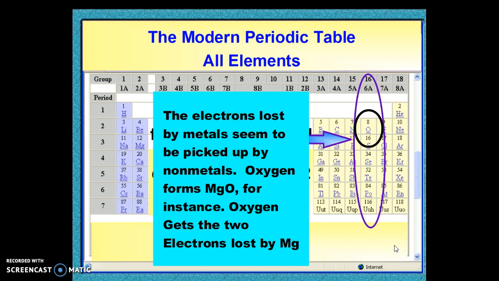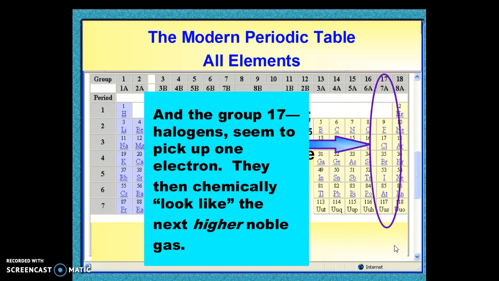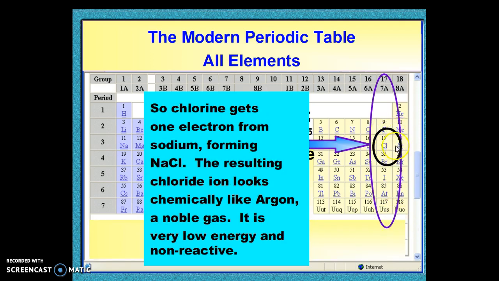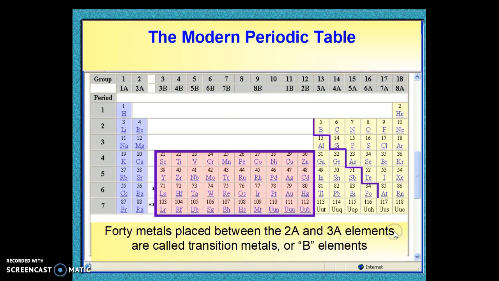Magnesium loses 2, oxygen picks it up to form an oxide ion. And the group 17 elements seem to pick up only 1 electron, then they chemically look like the next higher noble gas. Fluorine looks like neon, chlorine looks like argon once it's formed an ion. Very low energy, very non-reactive.